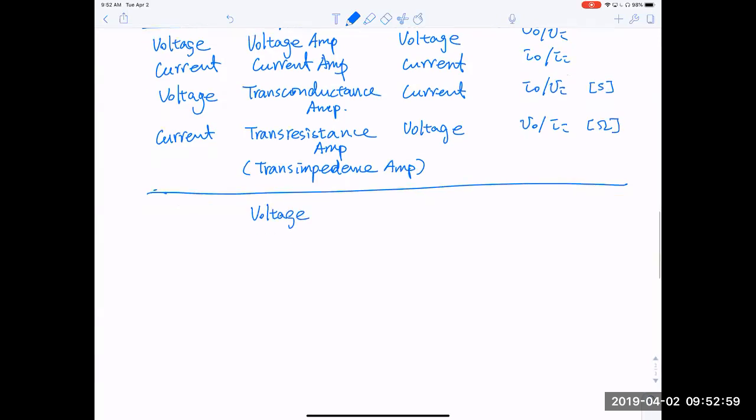their two-port equivalent circuit is like this. There is an input resistance, and there is a voltage amplifier, AV. The input voltage here is V in, here is AV times V in, and there is a series output resistance here, R out.